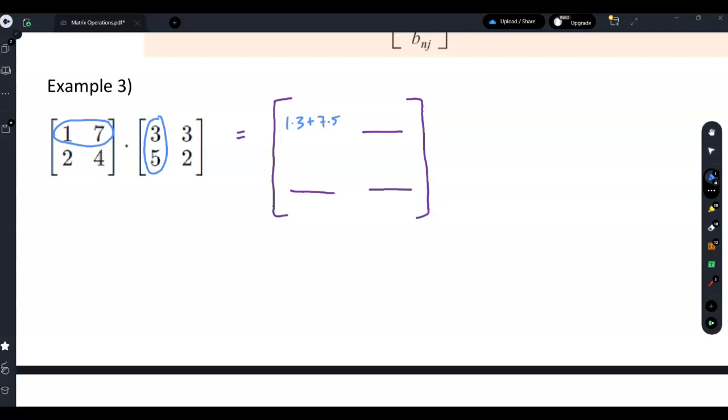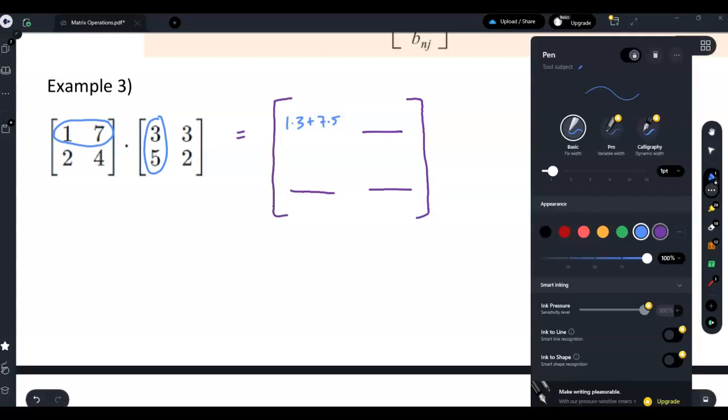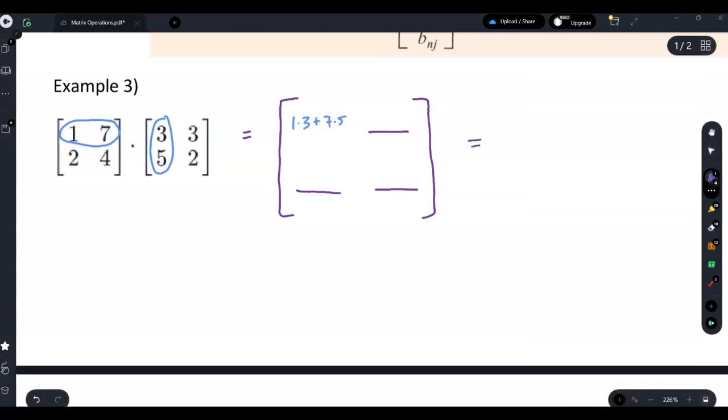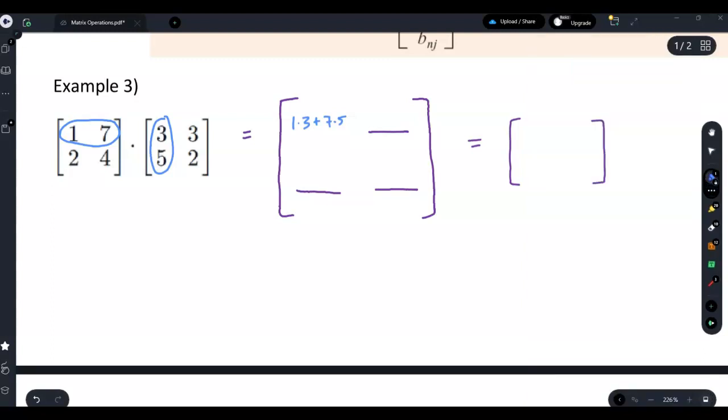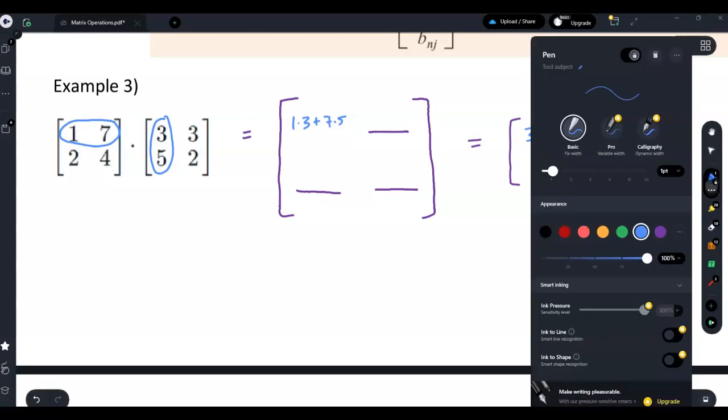That's how I get the one number that goes in the first row, first column. This is my work shown, and then I write out my matrix answer. So this would be 3 plus 35, which gives me 38 for that first spot.